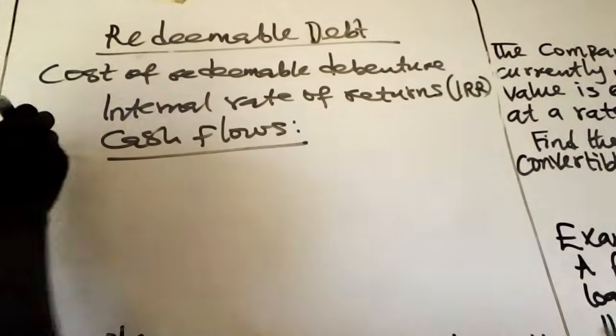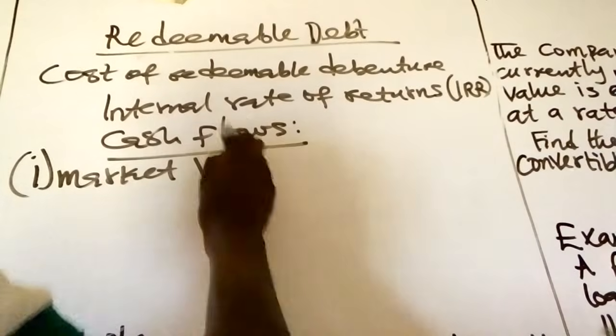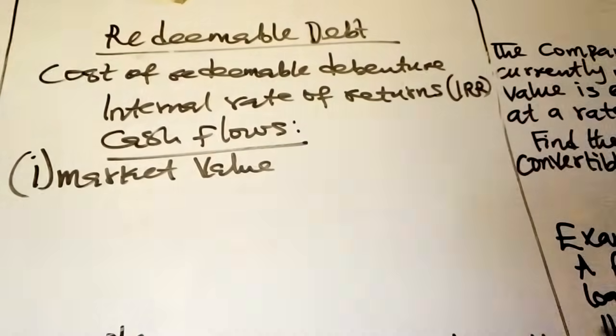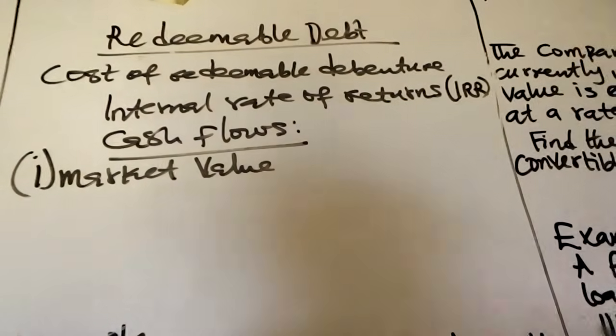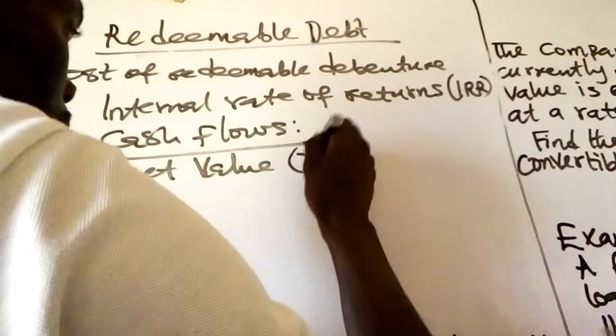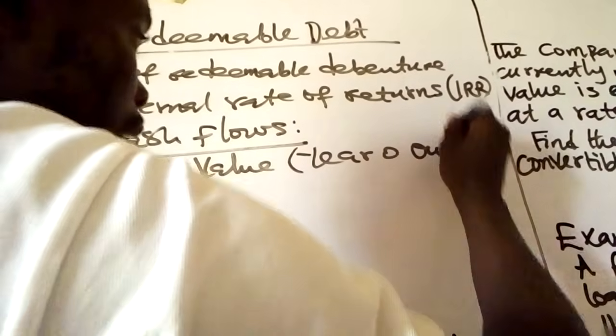Number 1, you will need the market value. This market value of the redeemable loans or debt will be used in year 0 as an outflow.